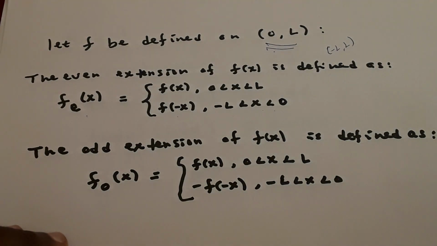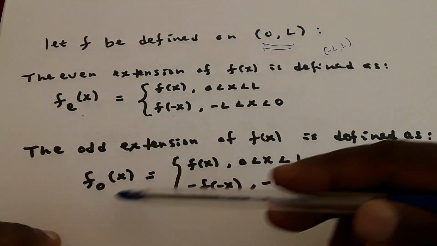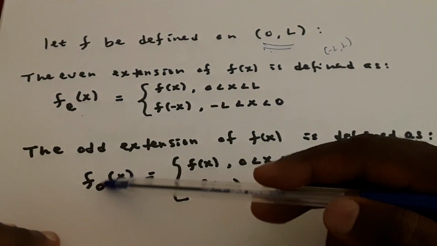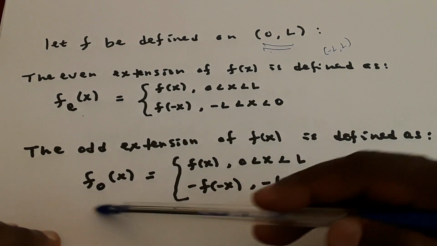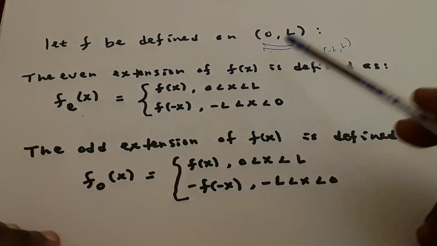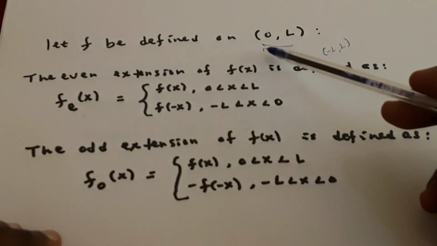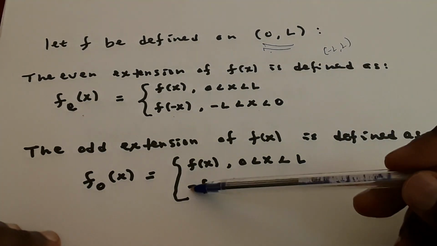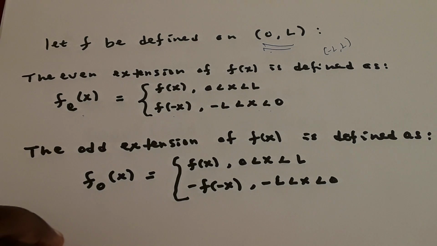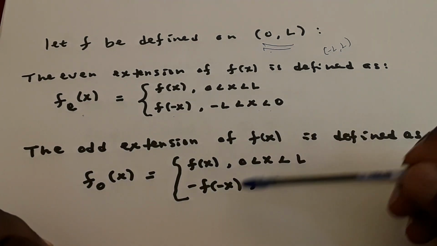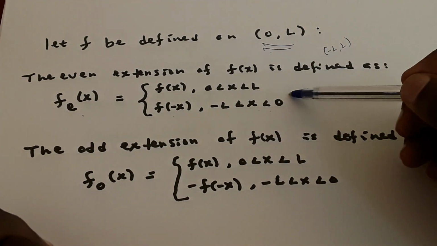The odd extension of f of x is defined as fo, the subscript denoting the odd extension, equal to f of x in this interval, whereas to the left side from 0 to minus L it is minus f of minus x. Again, this is the image through the origin, whereas the even one is the mirror image.